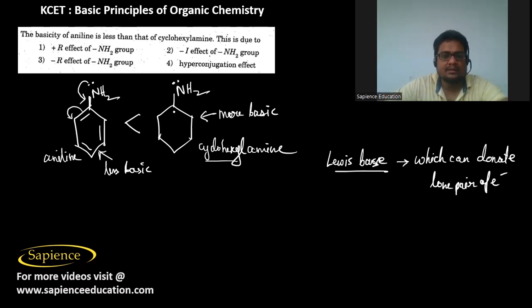So here this lone pair of NH2 in cyclohexylamine is more available since it is not taking part in any kind of resonance. Here resonance is not happening, but in the case of aniline, the lone pair on the nitrogen atom is taking part in resonance with the benzene ring.